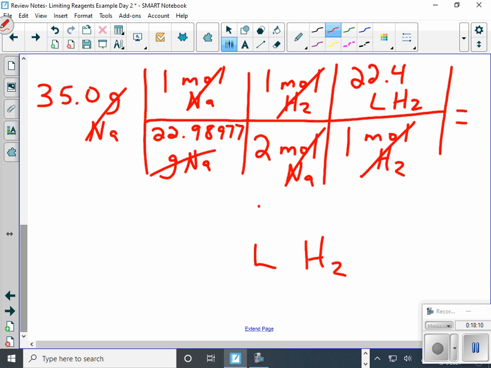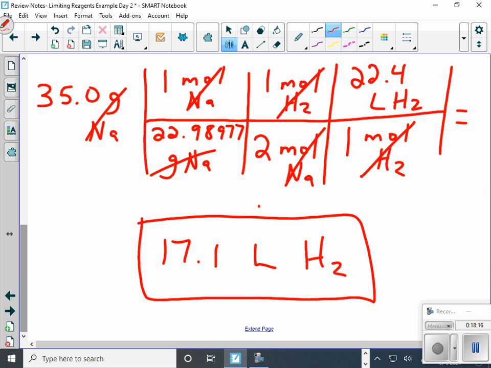I came up with a value of 17.1, 3 sig figs, when I did my math. So this tells me that if I have 35 grams of sodium, 35 grams of water, I will produce 17.1 liters of hydrogen gas. I'll have 7.6 grams of water left over.